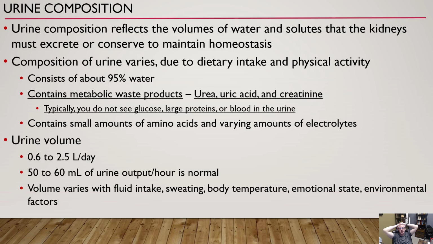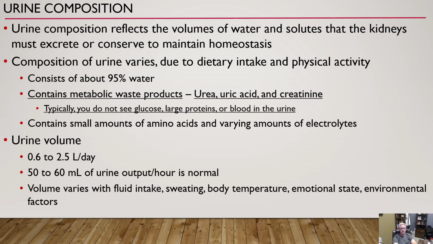We've already said that your urine contains a lot of metabolic waste products. We talked about urea and uric acid, so we can say that urine has urea, uric acid, and also creatinine. But we still should not see any large proteins or glucose, or any blood in your urine.